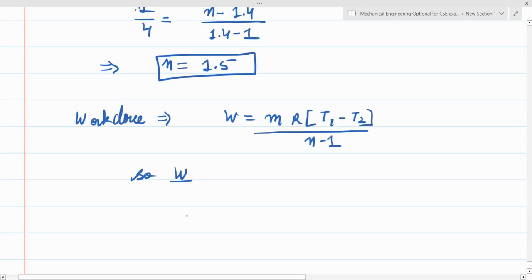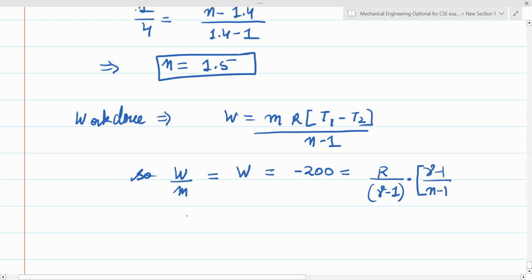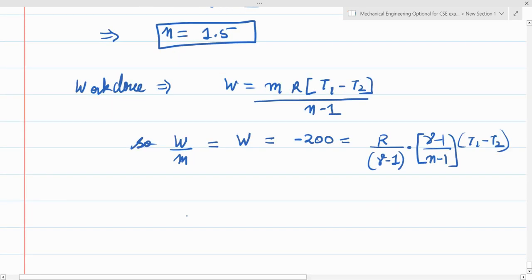So W by m is equals to minus 200, that is R upon (gamma minus 1) multiplied by (gamma minus 1) divided by (n minus 1) multiplied by (T1 minus T2).